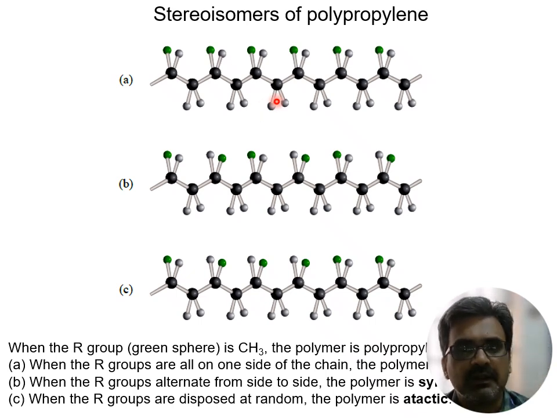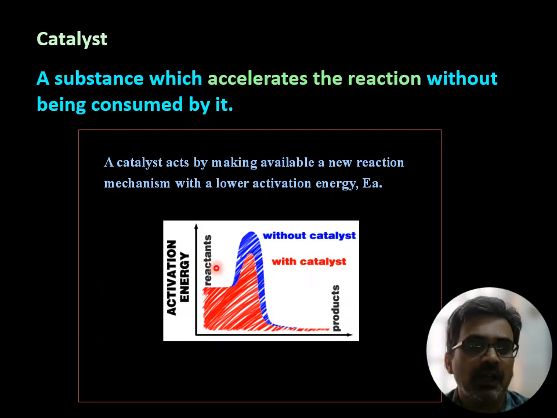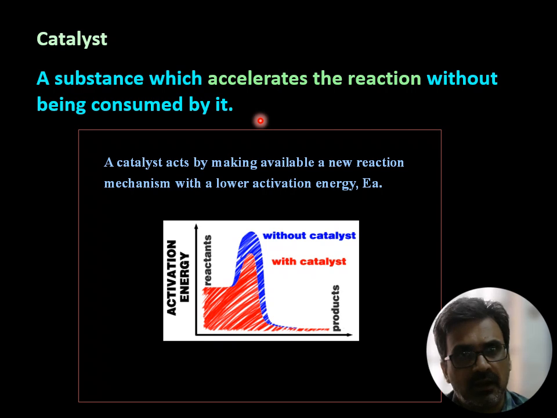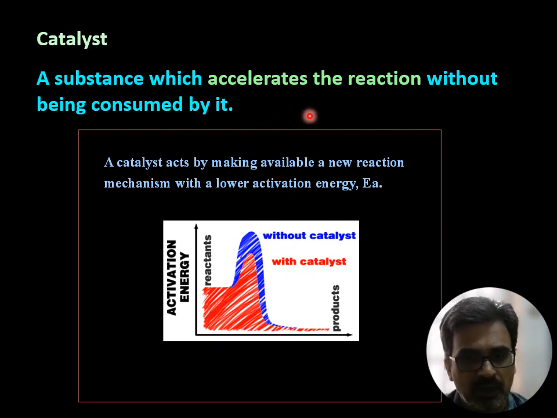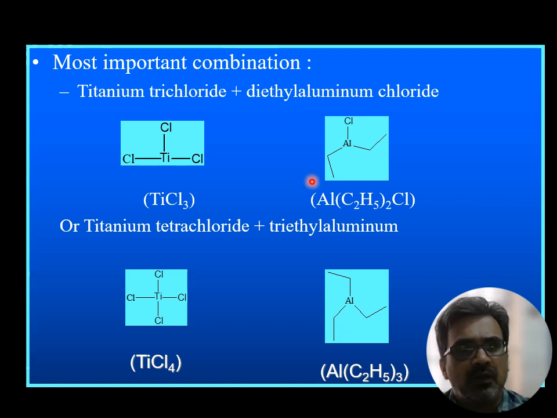As we already discussed, we can have isotactic, syndiotactic, and atactic categories for polypropylene. One very important aspect is the Ziegler-Natta catalyst. We know that a catalyst decreases the activation energy, thereby accelerating the reaction without being consumed in the reaction.